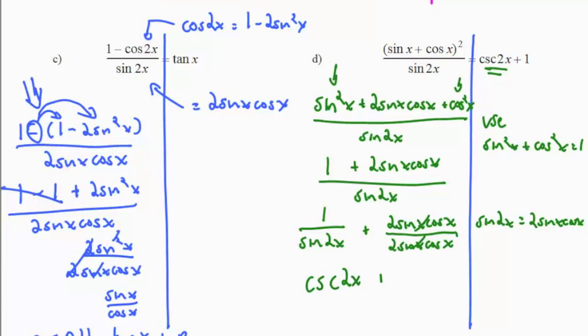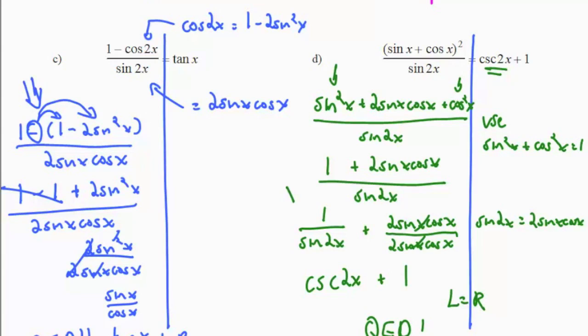Reason being, that equals 1. What does 1 over sine 2x equal? Well, that just equals the cosecant of 2x, plus 1. Wait a second, left is equal to right. Rejoice, my friends. QED yet again.